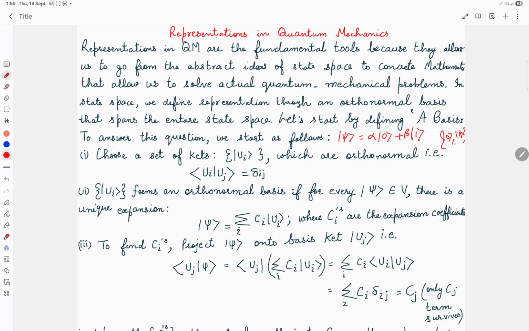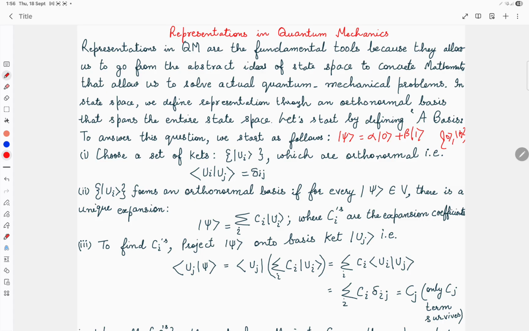I will use a linear combination of these two orthonormal bases as alpha ket 0 plus beta ket 1, where alpha and beta are two complex numbers. With this linear combination, I can describe any quantum state represented by ket psi. So this is the case of a single qubit system.